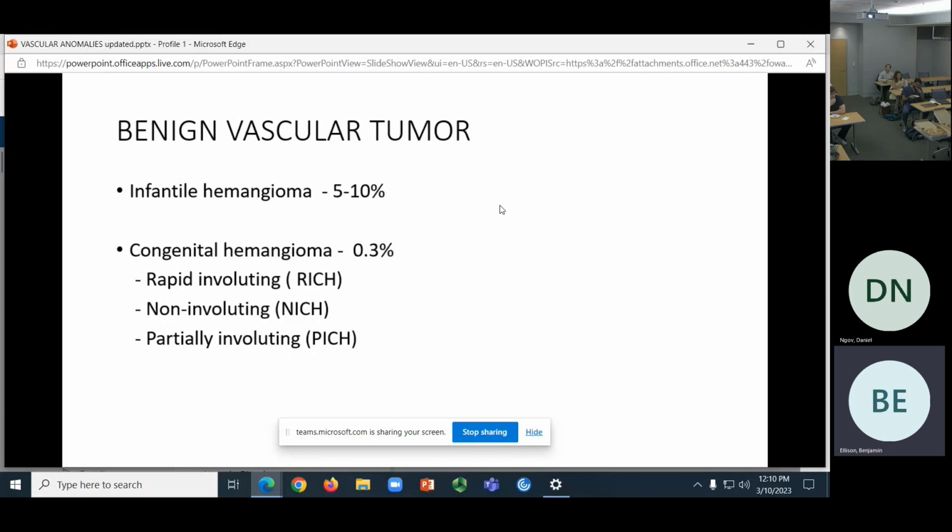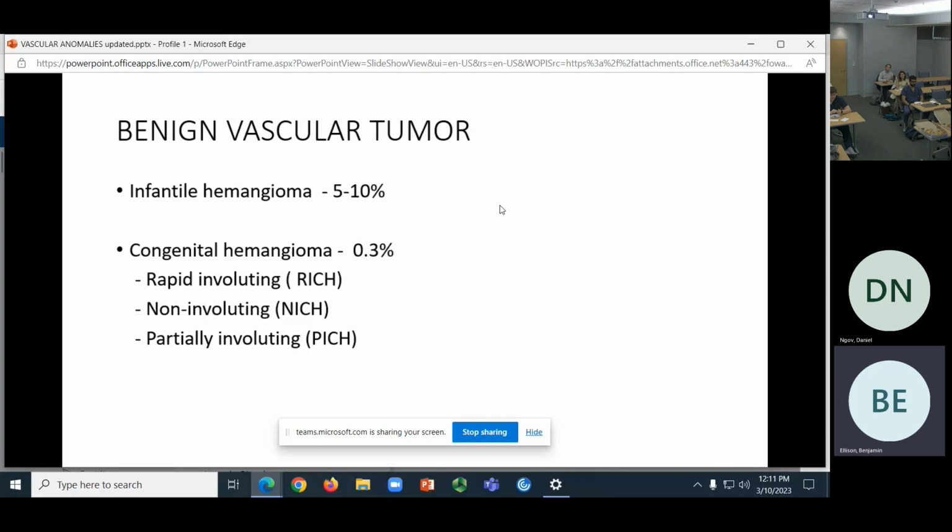So everything that seems vascular, somebody will call hemangioma, but it's not true, right? Infantile hemangioma is the most common vascular tumor, but there is a very specific clinical picture that the patient needs to have in order to say, yeah, this is a hemangioma.